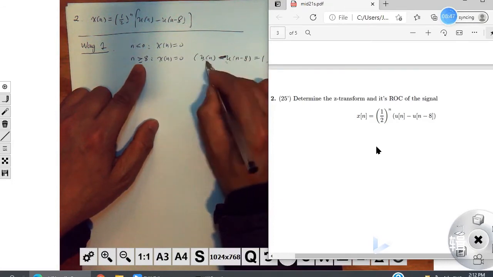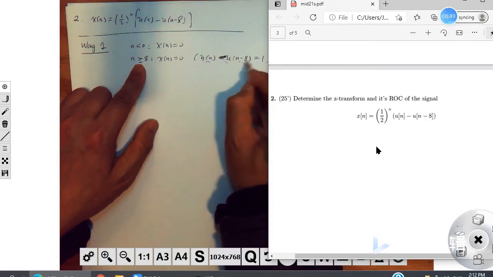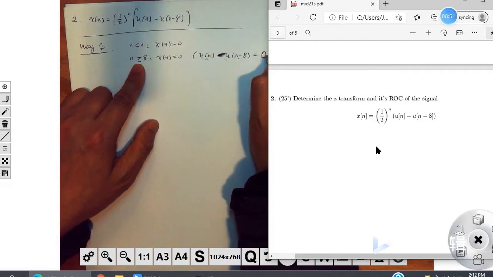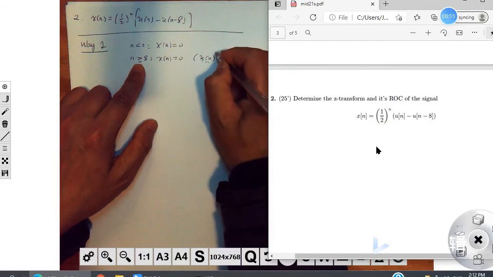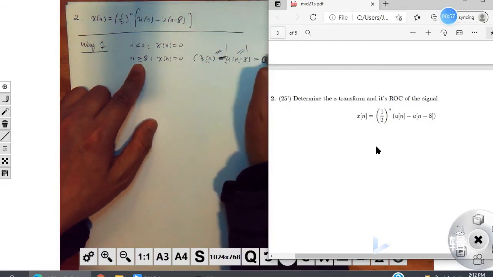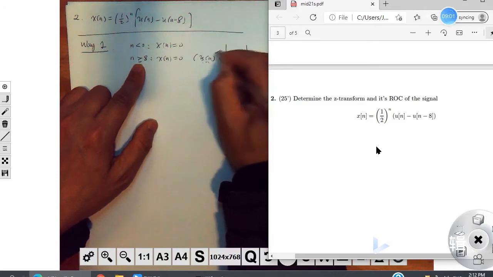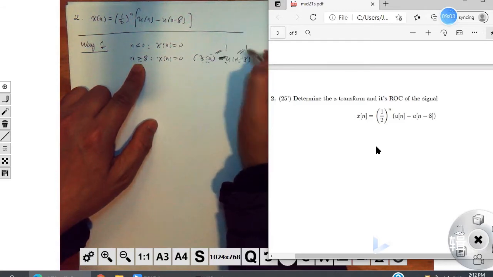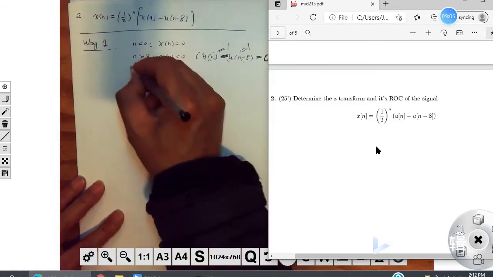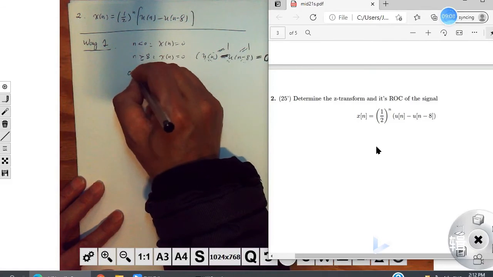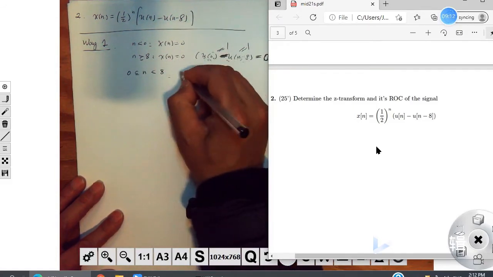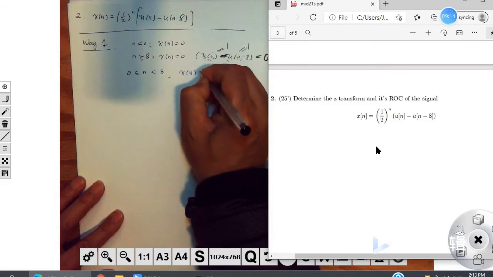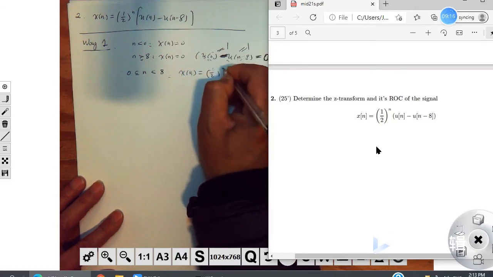So both are 1, and this one minus this one is 0. Then only when n is between 0 and 8, not including 8, we have x of n equal to 1/2 to the n.